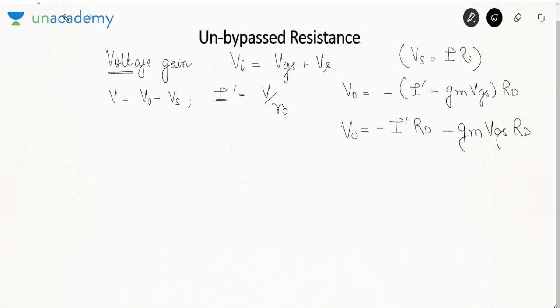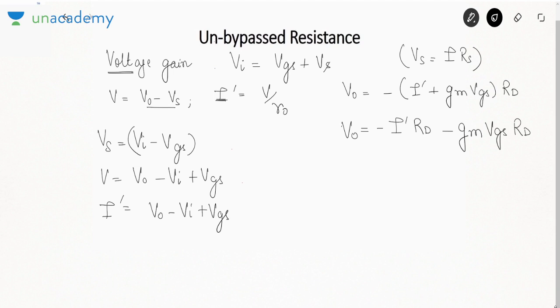So what I'll do is, Vs is simply Vi minus VGS. Okay, that is your Vs. If I substitute here, so V will be V0 minus Vi plus VGS, which means I dash will be V0 minus Vi plus VGS by R0.